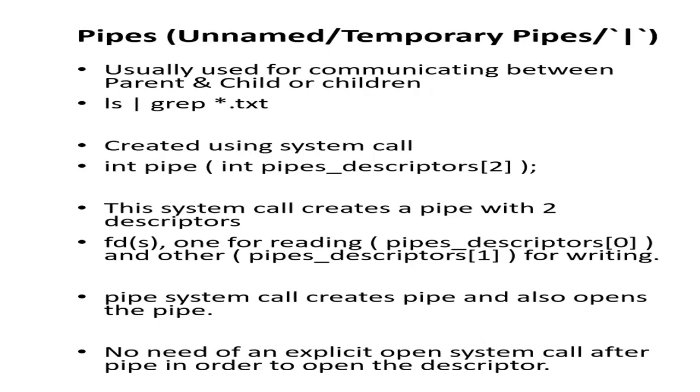Then again a small recap: it is created by the pipe system call, and it creates a pipe with two descriptors, one for reading and the other for writing. The pipe system call not only creates the pipe but also opens it, so there is no explicit need for the open system call.